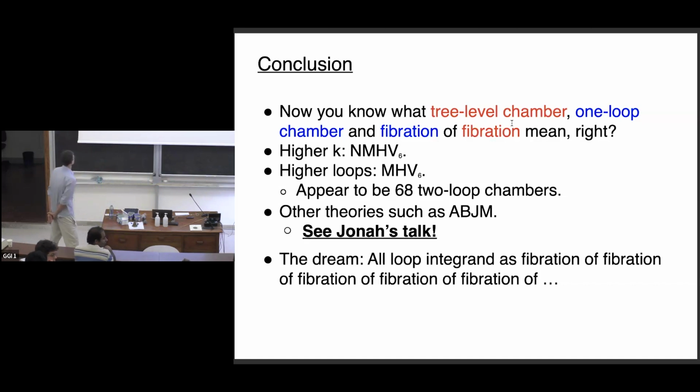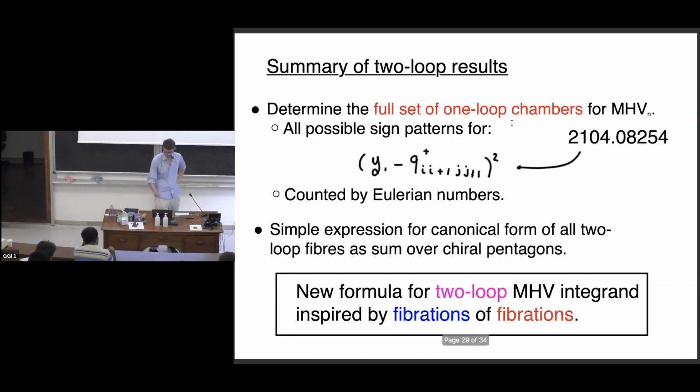Oh, Eulerian numbers. Can I describe? I don't think I can describe them in a very simple way. The key thing that helped us find this is the results from Lauren Williams and other people in this paper. They describe chambers of the M equals 2 amplituhedron for some low k, which I can't remember.